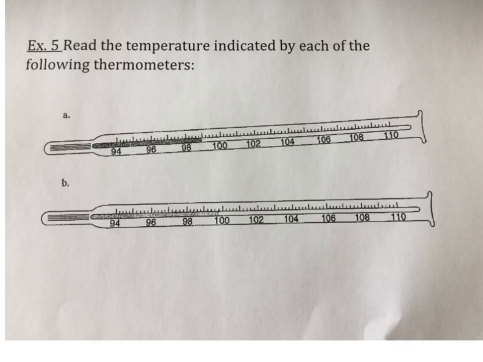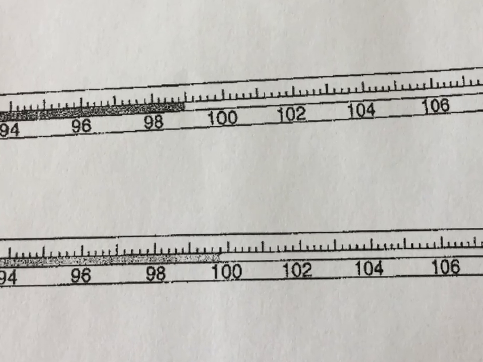And so converting temperatures is important, but so is reading thermometers and understanding what they mean. Most thermometers nowadays are digital, so you probably won't have to read one other than a digital readout, but just in case you do come across a mercury thermometer, just knowing how to read them is important.